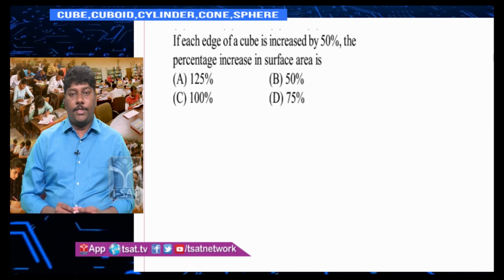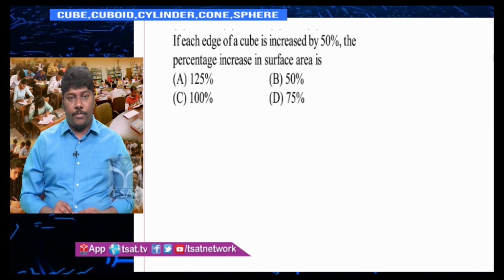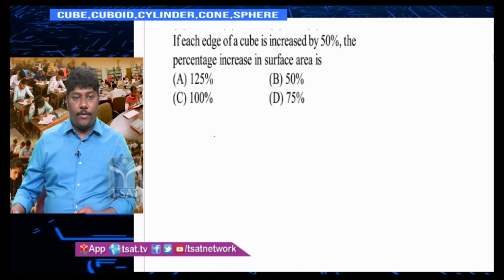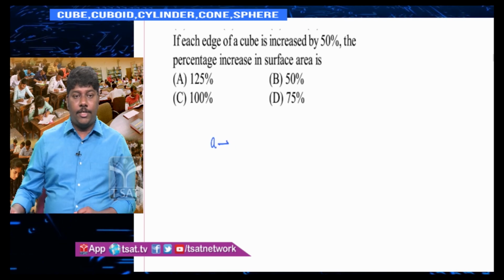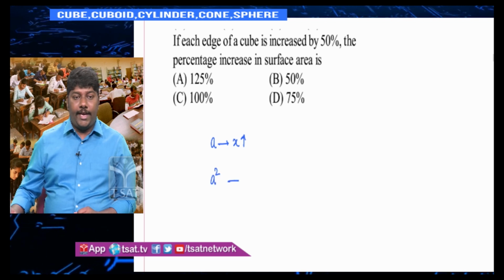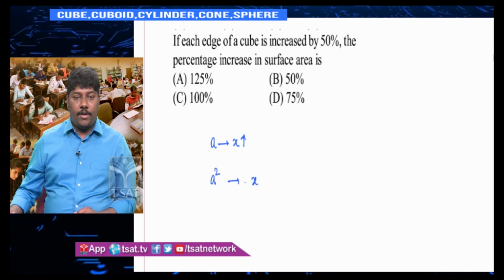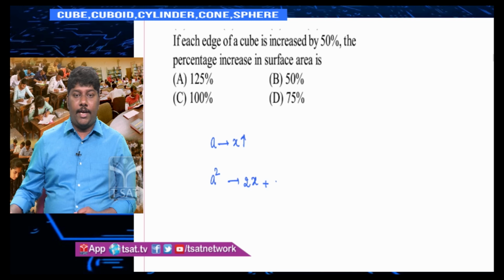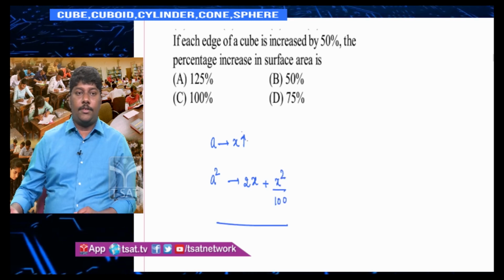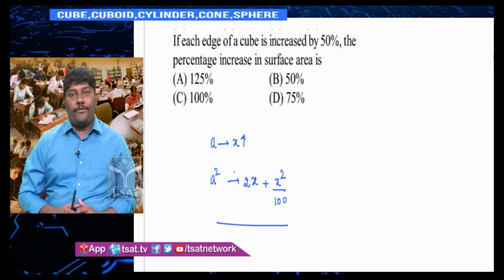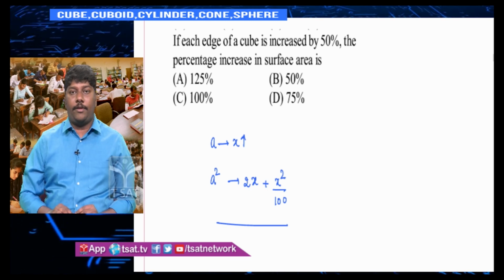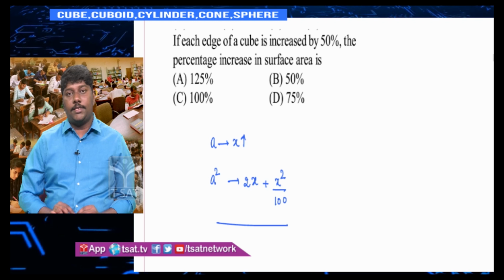If the edge of the cube is increased by 50%, then the percentage increase in the surface area. If edge A is increased by x%, area means A square. A square is increased by 2x plus x square by 100. I am giving you the direct formula. I told you in the basics, now I am giving it as a direct formula. If it decreases by x percentage, the answer is 2x minus x square by 100 would be the decrease in the surface area.